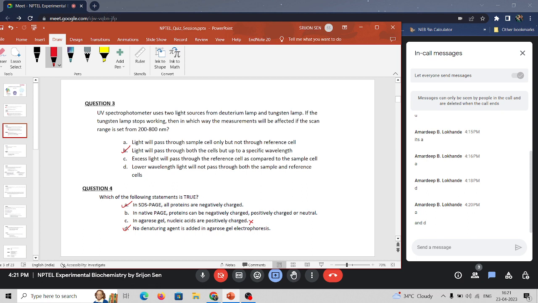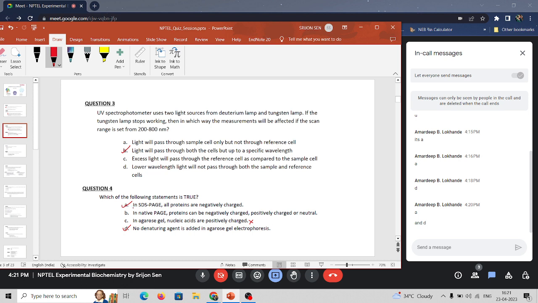What about B? What happens in a native PAGE? There is no SDS. The proteins will be in their natural charged state. If a protein is negatively charged, it will have a negative charge. If a protein is in neutral form, it will stay in that neutral form. Or if it is positively charged, it will be positively charged. So the role of native PAGE is to run the proteins in their natural charged state.